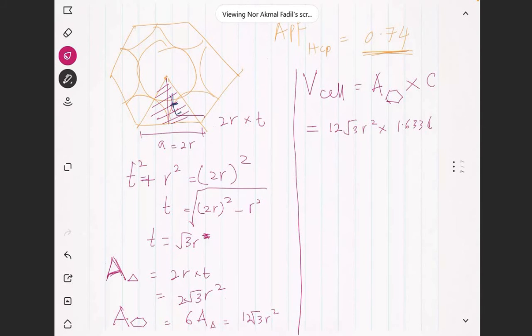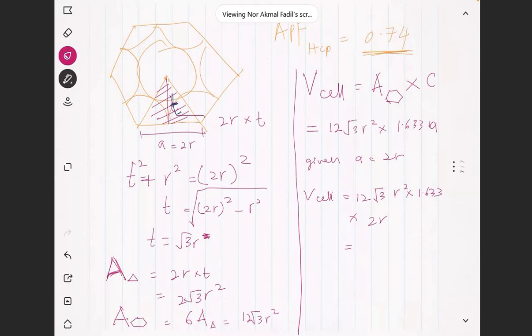Okay, sorry. Since we know that A equal to 2R, the volume of the cell is equivalent to 12 multiplied by square root 3 R squared multiplied by 1.633 multiplied by 2R.